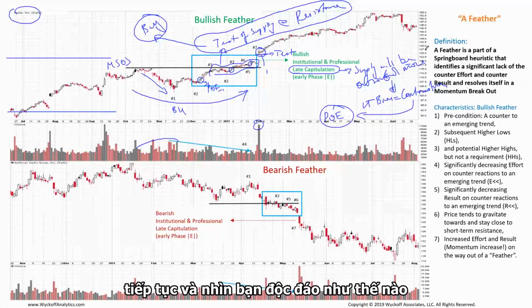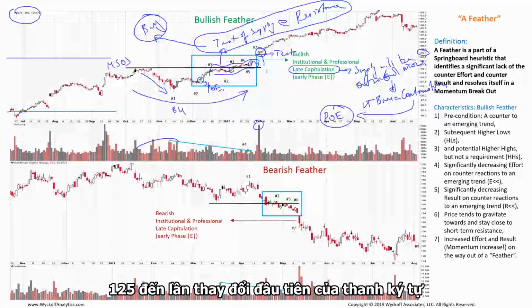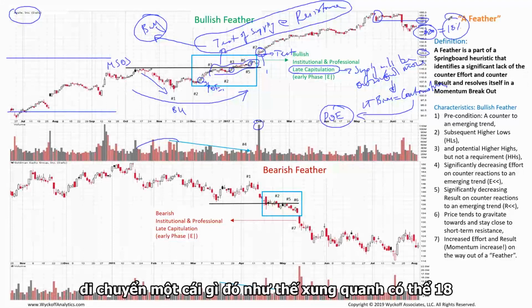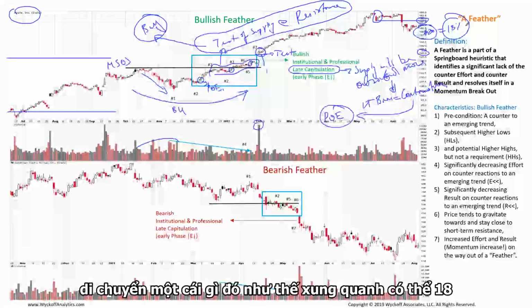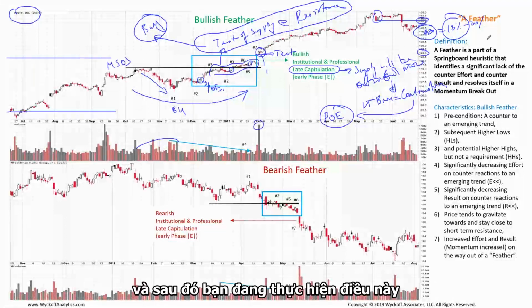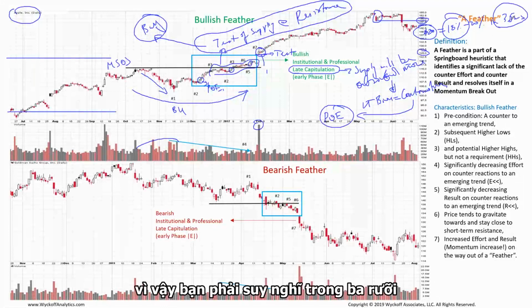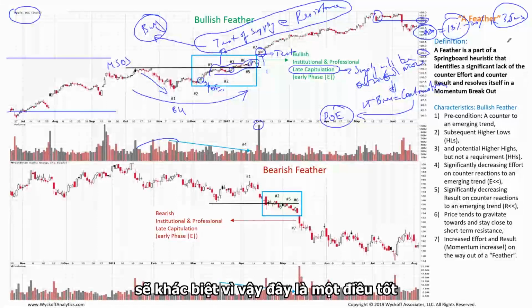And look how nicely, you would have this trade from 125 to the first change of character bar at 147, so that's $20, which is going to translate into about an 18% move, maybe around 18-20%. And you're making this 20% in 3.5 months. So you have to think, in 3.5 months, 20% annualized is going to be different. So this is a good swing trade.